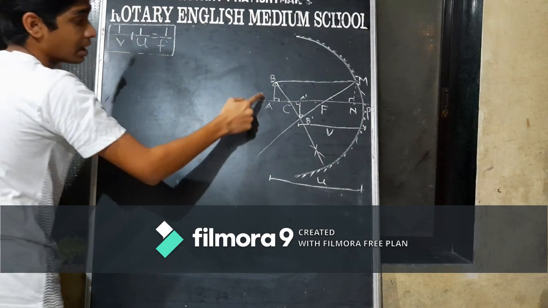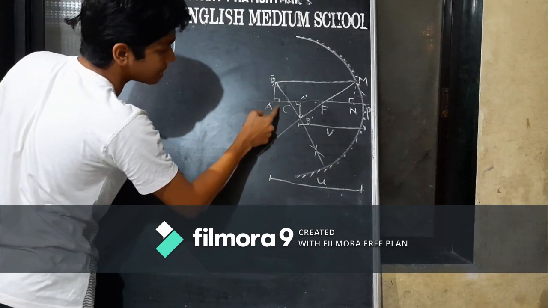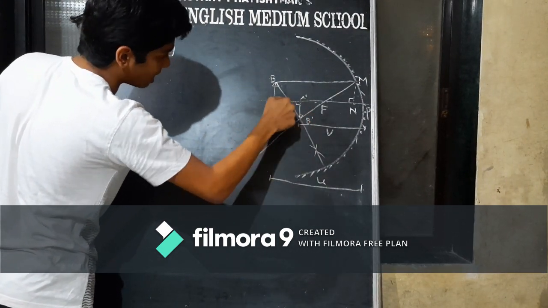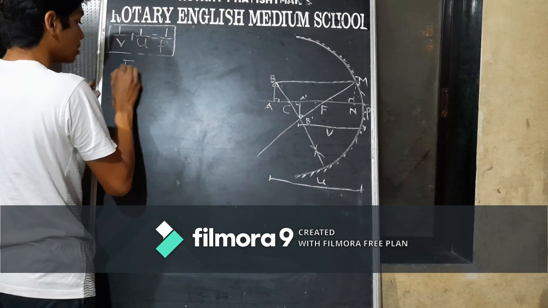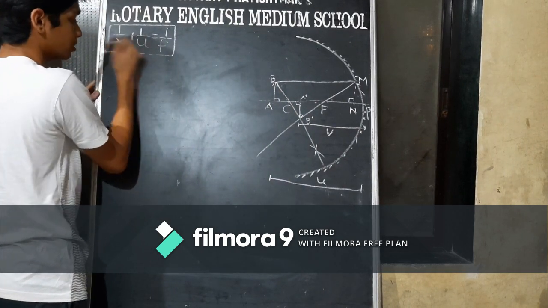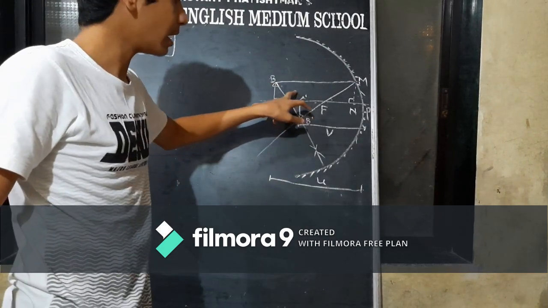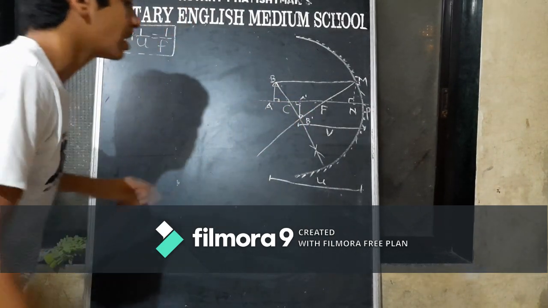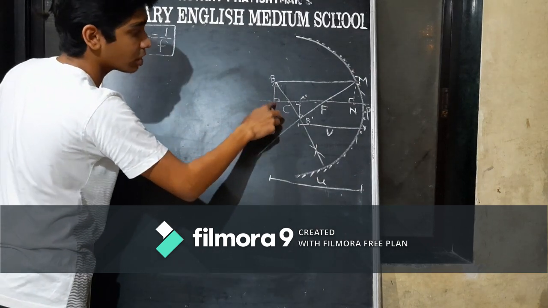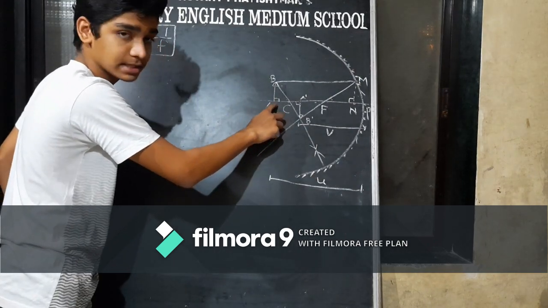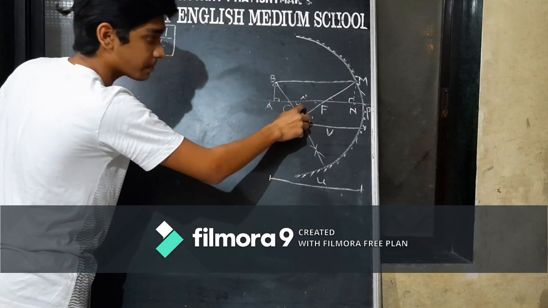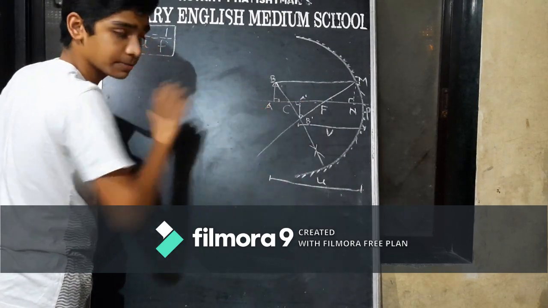In triangle ABC and triangle A dash B dash C, the object is perpendicular to the principal axis and the image is also perpendicular, but downwards, to the principal axis.